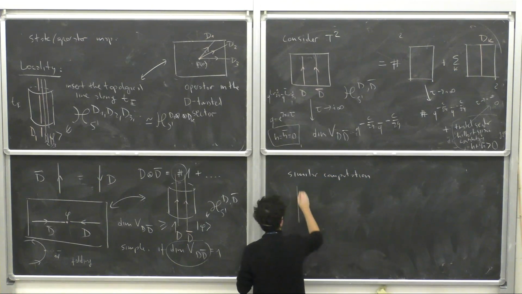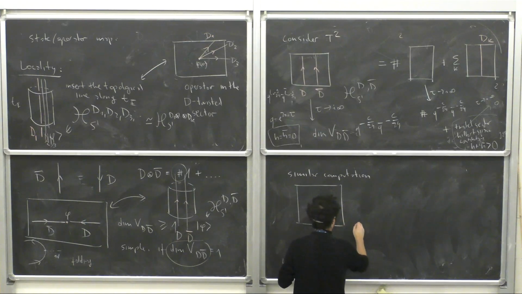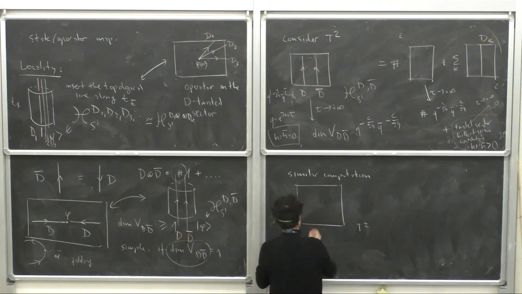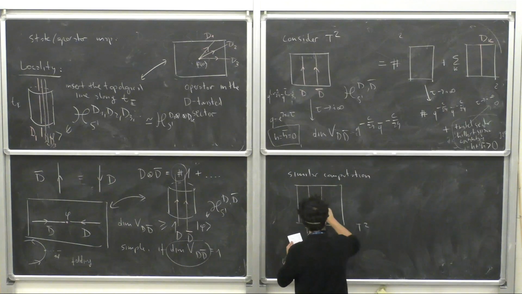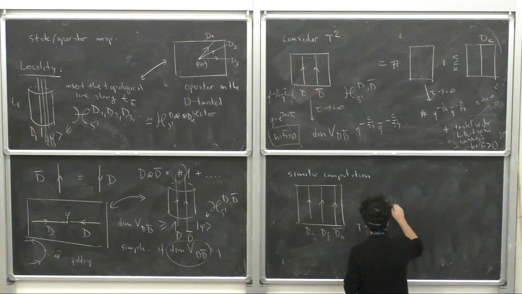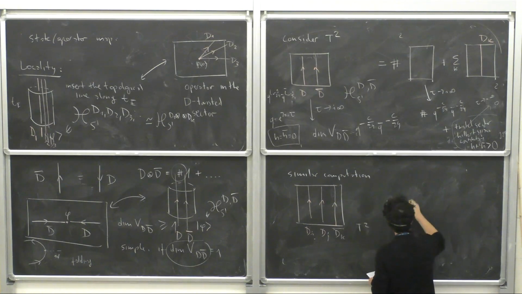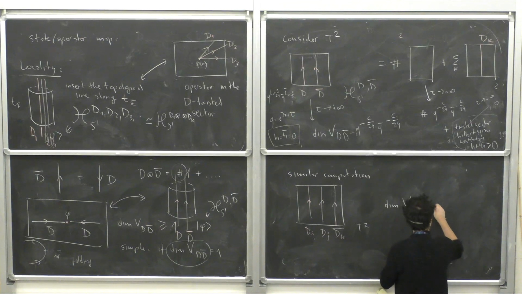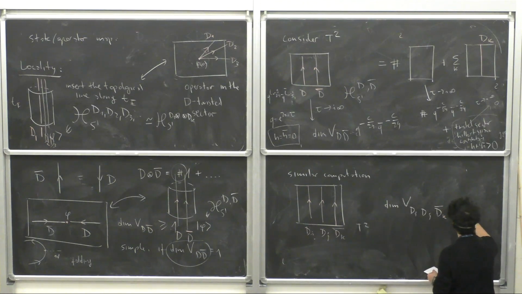You can show that if you consider the torus partition function with the insertion of di, dj, and dk bar, the dimension here of V, di, dj, and dk bar is equal to N_ijk.